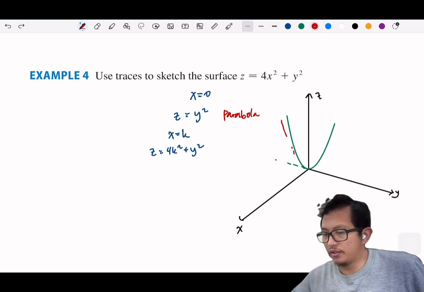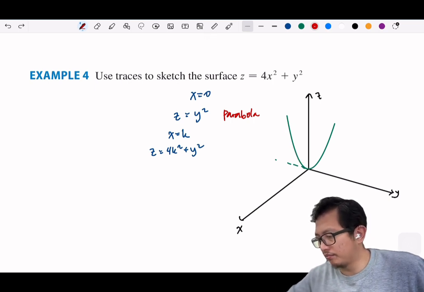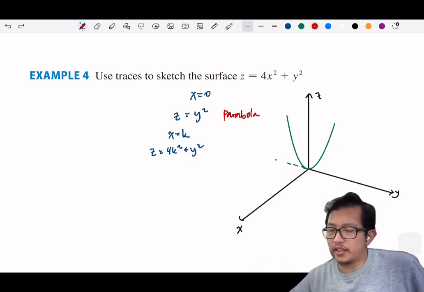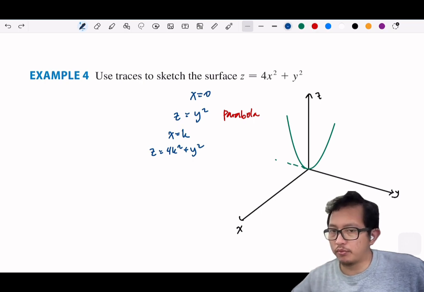Maybe not really clear, but if we slice, then we can make another parabola.